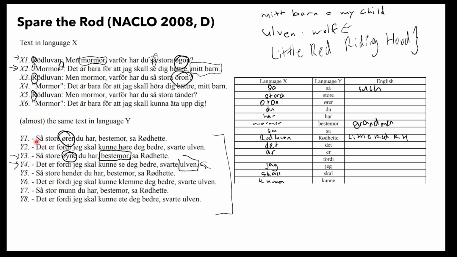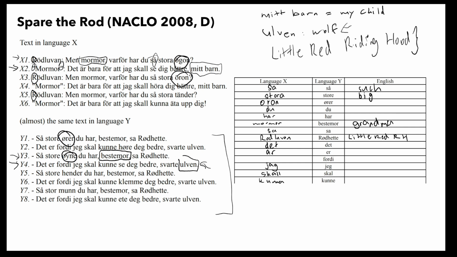And then over here she's saying, "Such big eyes you have, Grandma." So it's not a question, actually. It's just a statement where Rodette, Rod Levan, or Little Red Riding Hood is asking the wolf why it has such big eyes. So, store, we're assuming it's going to be big. Okay? Oran, Orer.